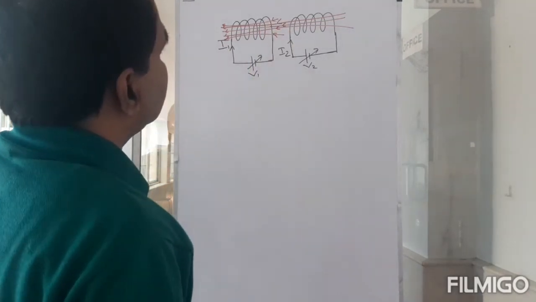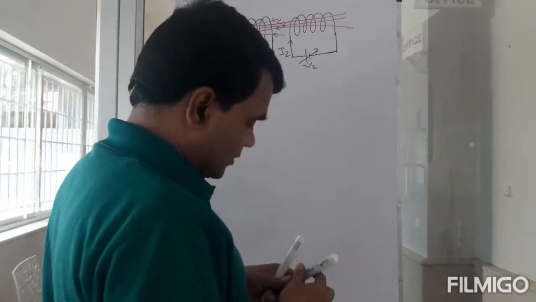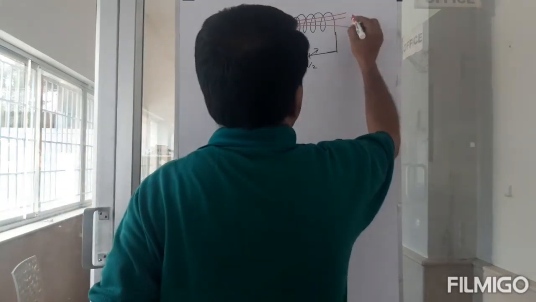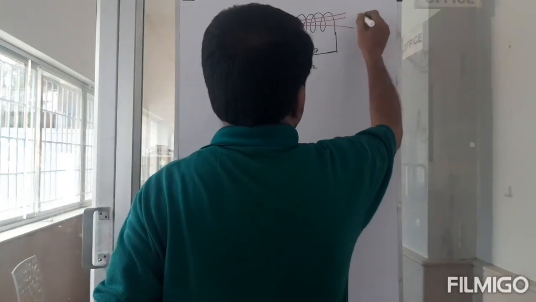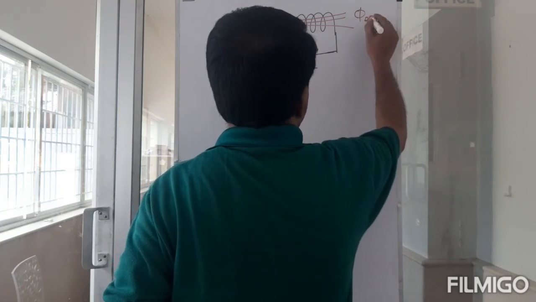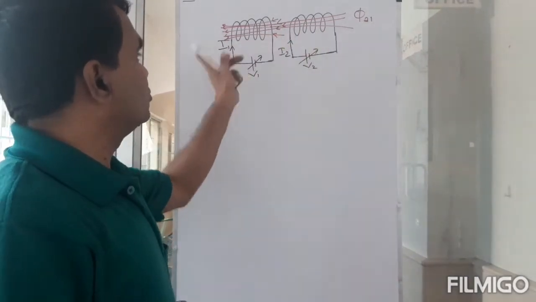This is due to this coil. I will call this total flux phi 2 due to 1.